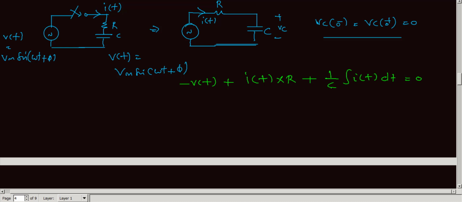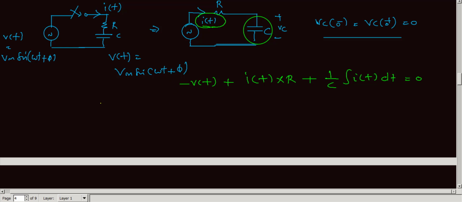Here I am not getting any differential equation yet. You can see the current flowing through the resistance is the same current flowing through the capacitance, because they are in series.